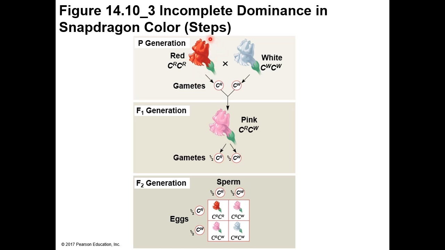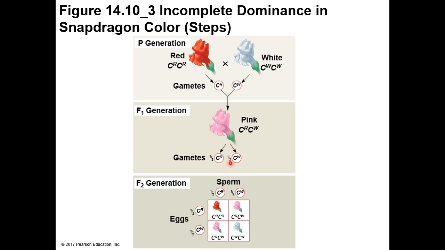So when we have the two parents crossed together, the CW allele and the CR allele, and we observe the F1 generation, instead of the plants being red, we observe pink plants. This is because the CR allele is incompletely dominant. It is not going to be completely expressed over the CW allele.